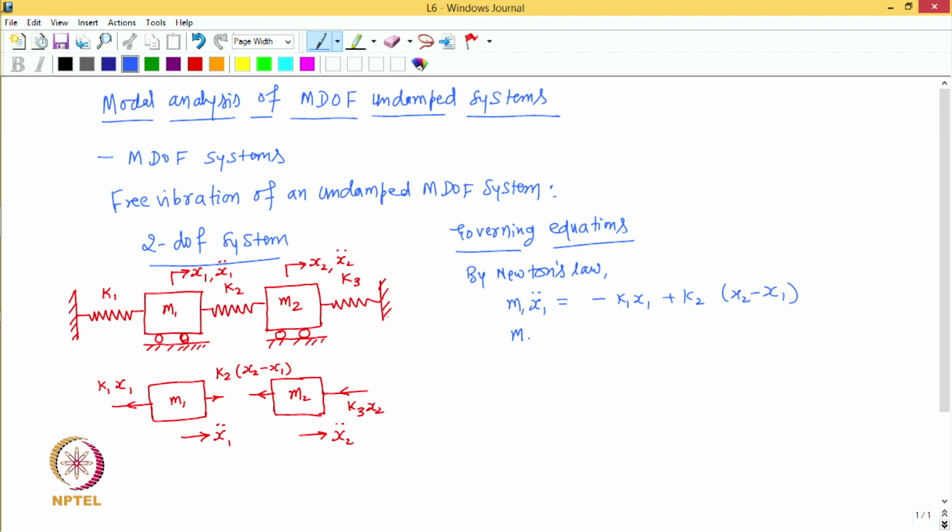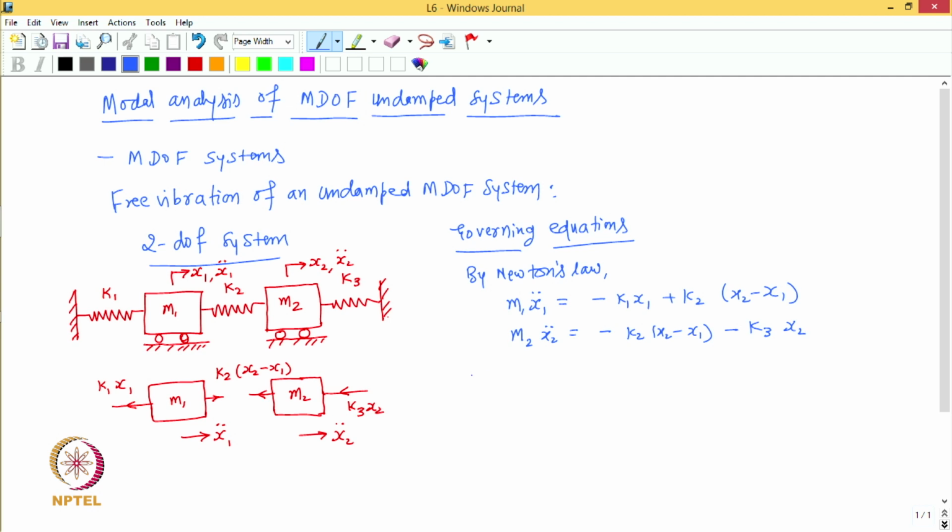And then similarly for mass m2 we can write m2 x2 double dot is equal to minus k2 (x2 minus x1) minus k3 x2.